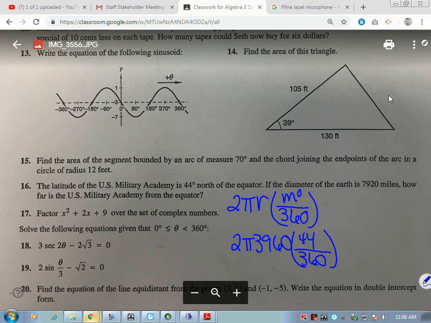So 2 times pi times 3,960 times 44 divided by 360. 2,041.06. Okay. And that should be in miles.